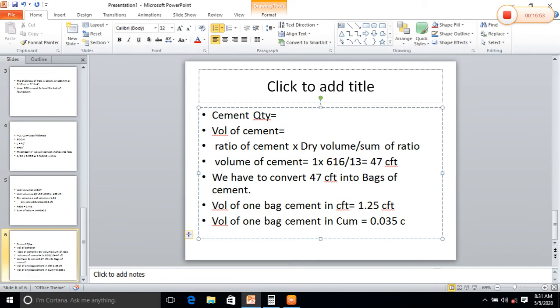cubic meter. Okay, so now we will divide 47 by 1.25 because our unit is cubic feet, so we will take 1.25, and we will do also the solution of this 1.25 in the upcoming lecture. So now we will divide this volume, 47 cubic feet, by 1.25.